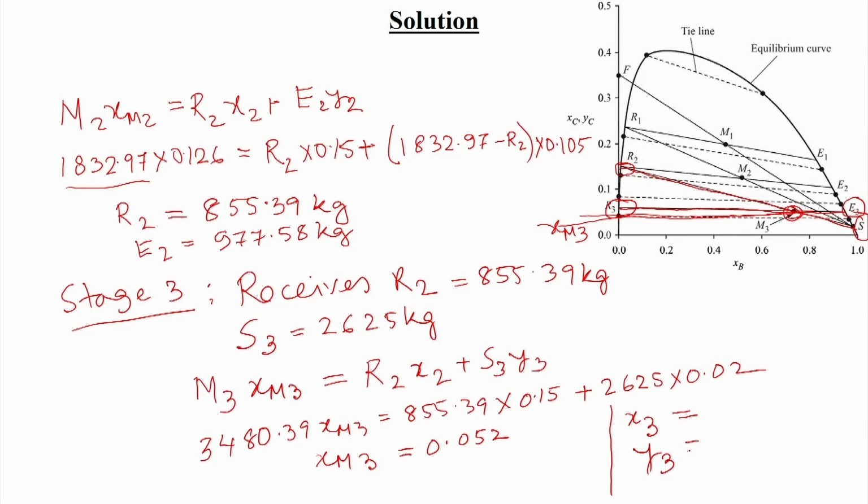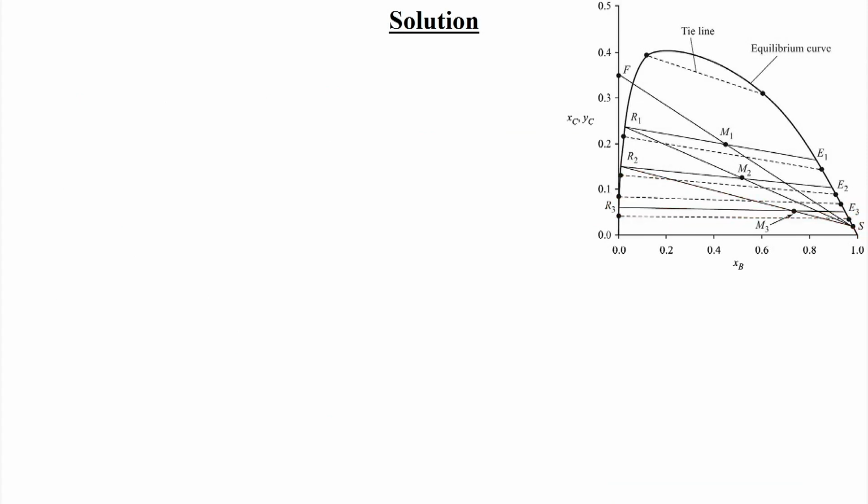From this graph, X3 is obtained as a very small value, 0.06, and Y3 is again lower, 0.051. So X3 and Y3 we have, and R3 we will get from there. Now we do the component balance: M3 into XM3 is equal to R3 into X3 plus E3 into Y3.